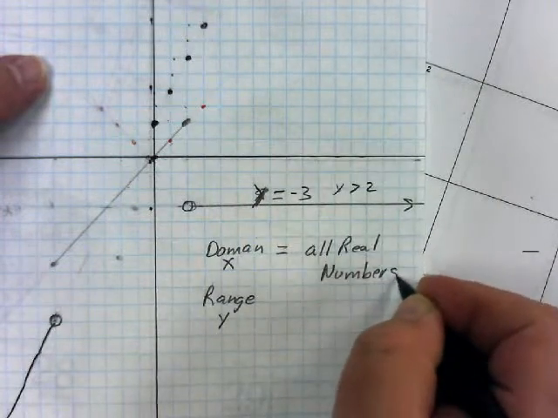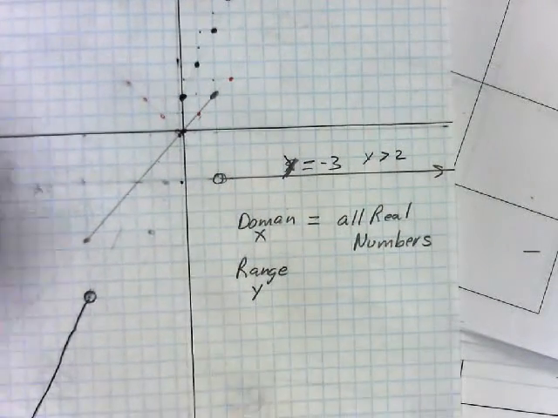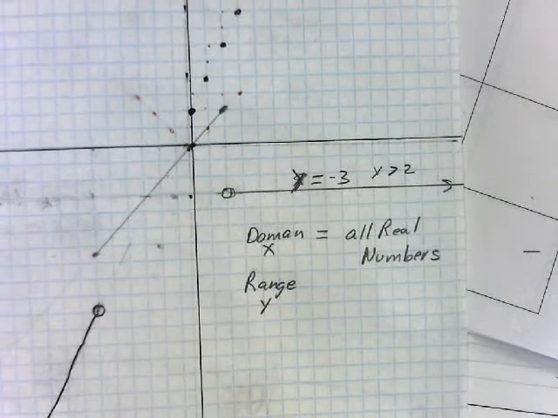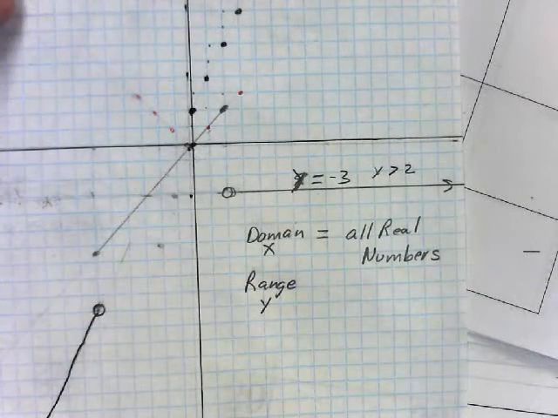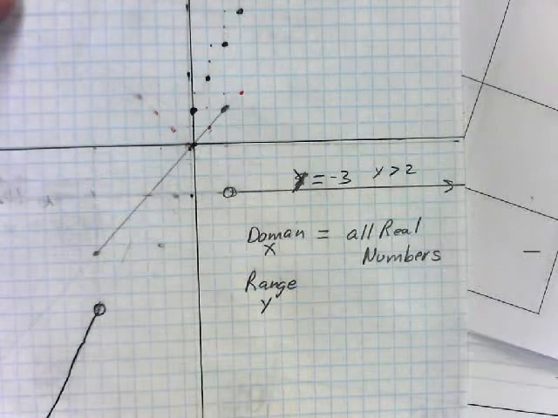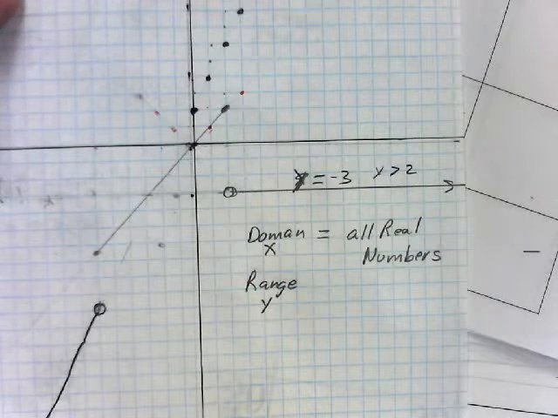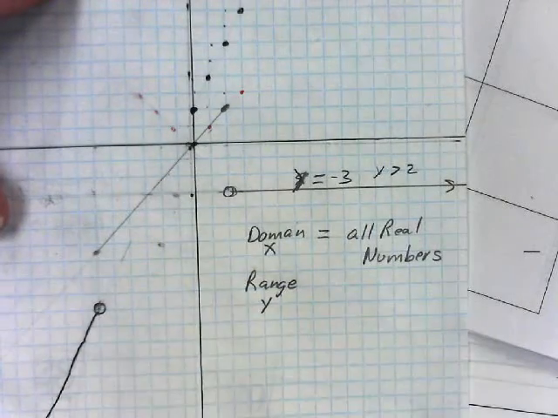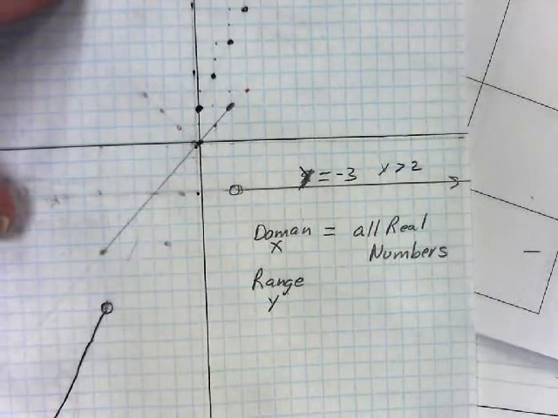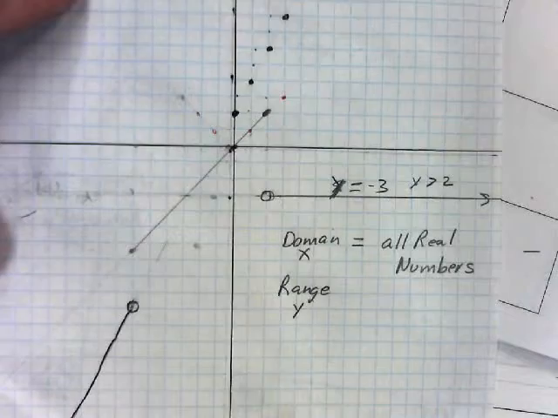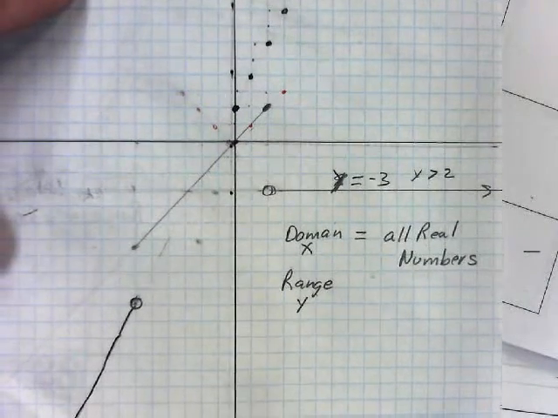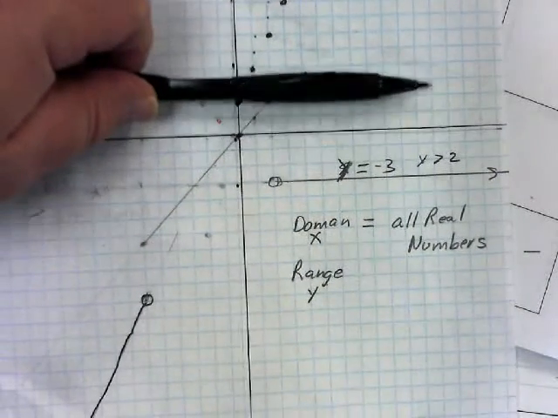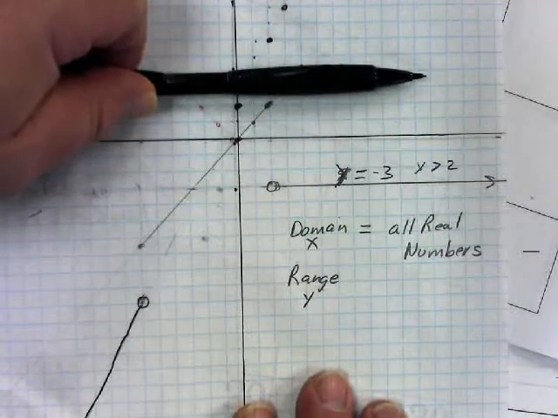Does that make sense? Okay, looking at that, range is my y value. Well, this graph happens to be inverted from the one that we had before because don't I have a maximum y at this point? At no point does it go above here. Would you agree? On the y-axis.